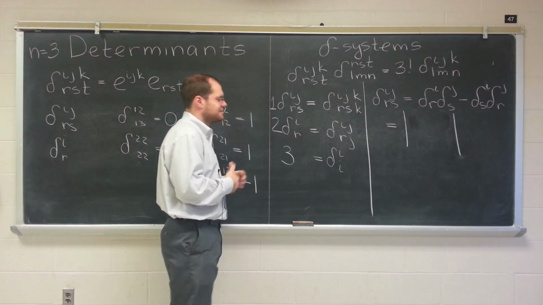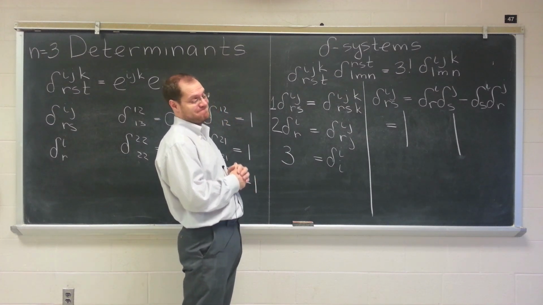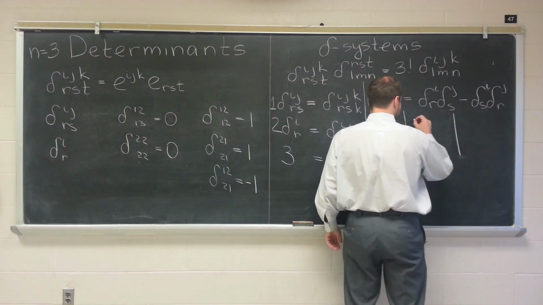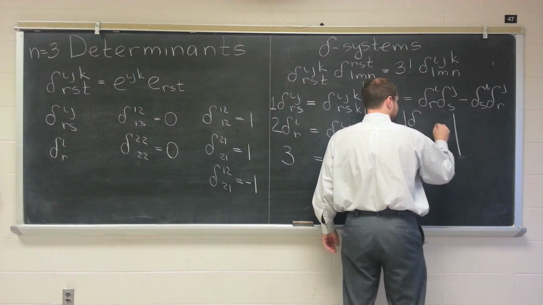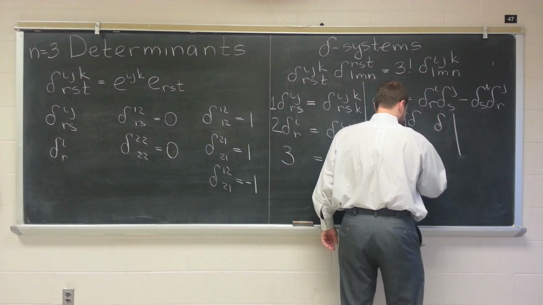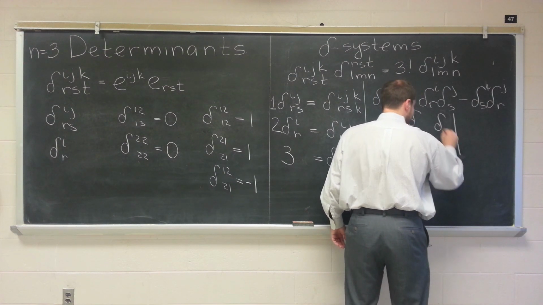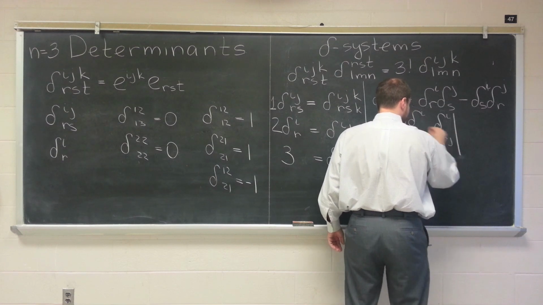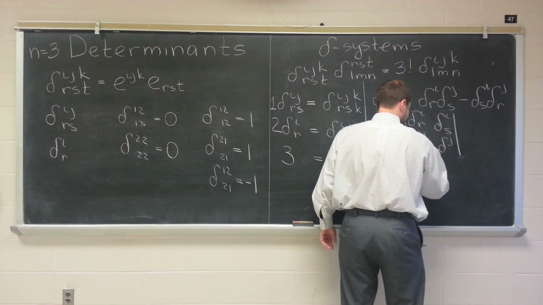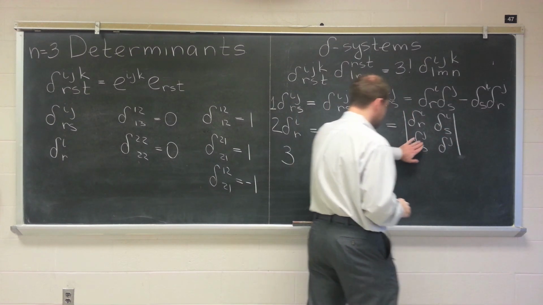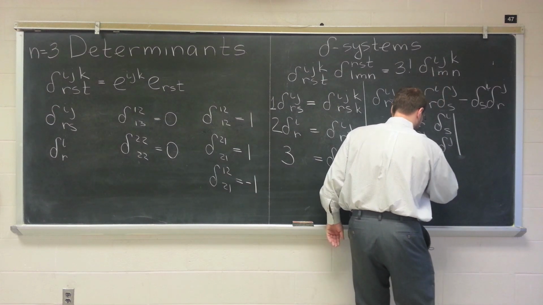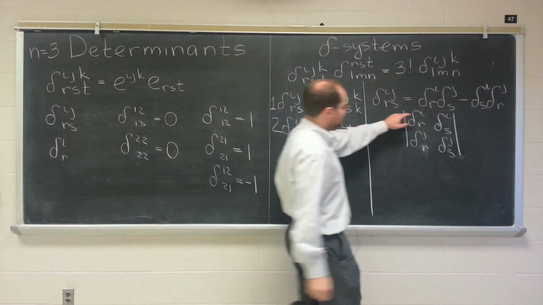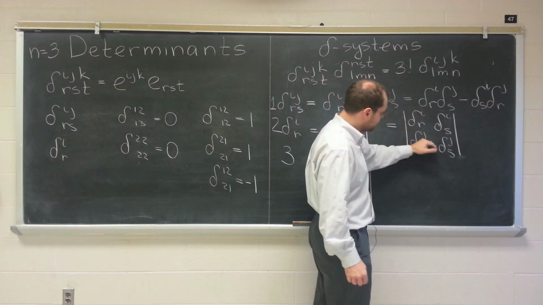Well, let's let it dry. All right. Delta, delta, delta, delta. I, J, R, S, excuse me, R, S. So the top index, you can think of it as being responsible for the row that it's in.